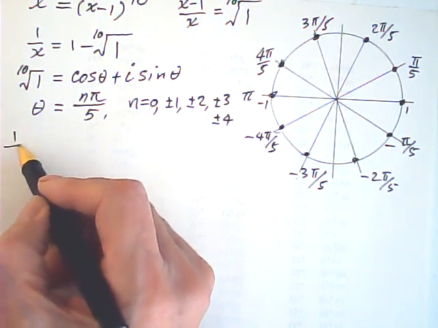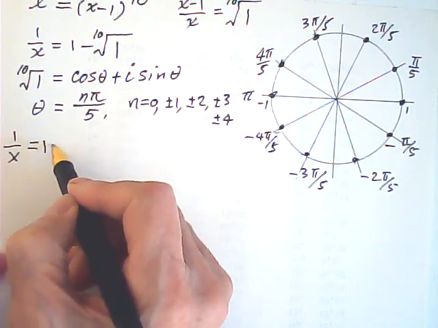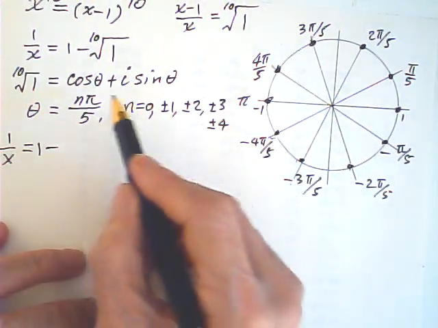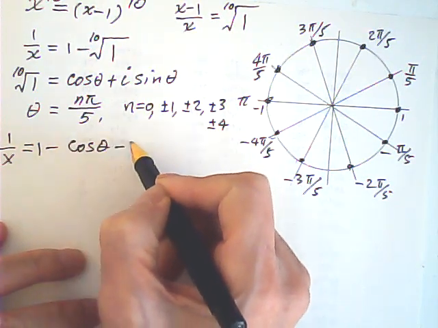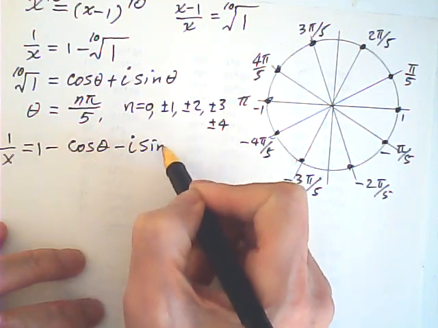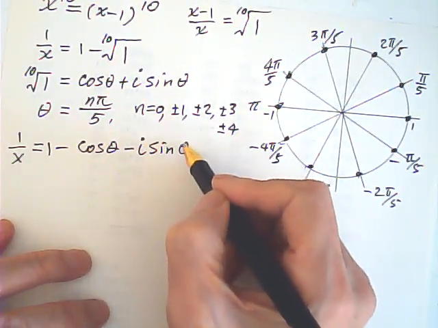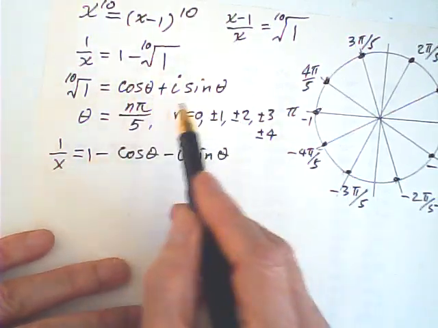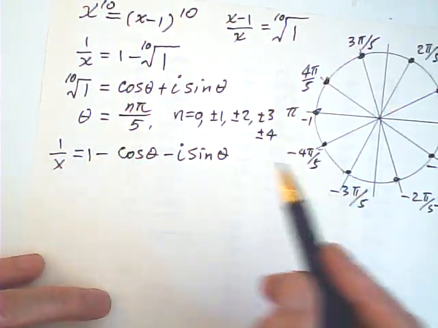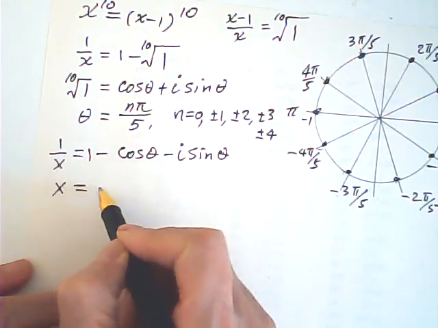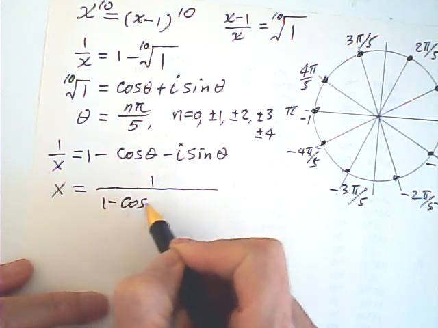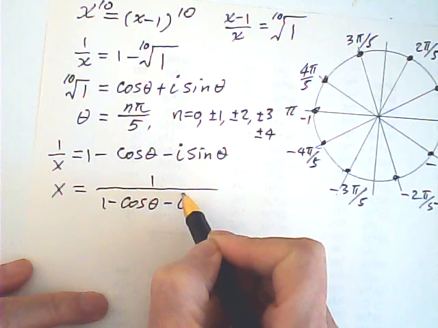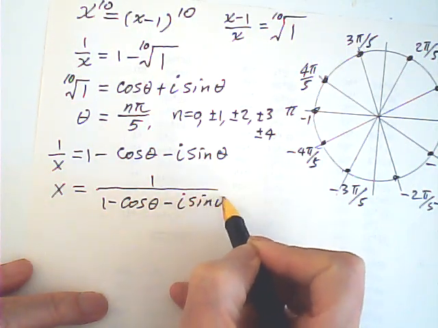So 1 over x is equal to 1 minus cosine theta minus i sine theta. This is the 10th root. Now, therefore, x can be found. It's equal to 1 over 1 minus cosine theta minus i sine theta.